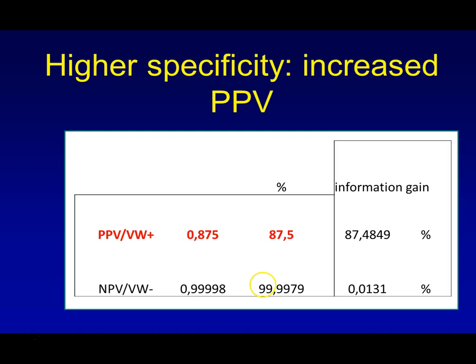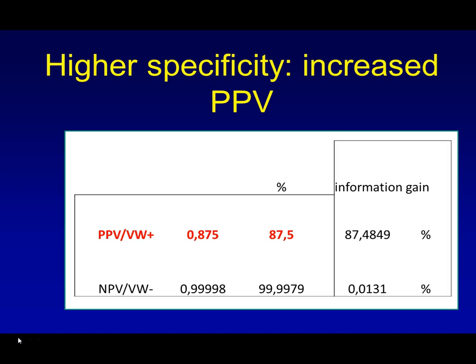The negative predictive value was slightly lower, but not really. From these results, we can conclude that in screening a higher specificity increases the positive predictive value without having a significant influence on the negative predictive value.